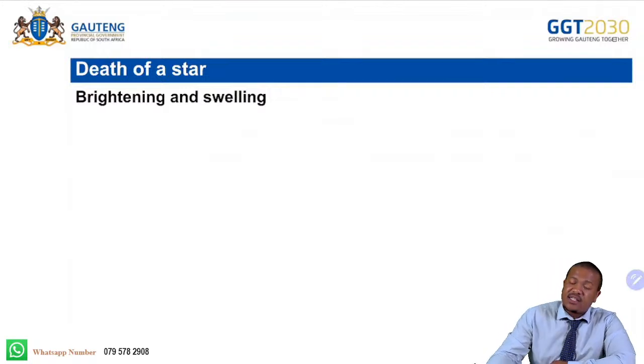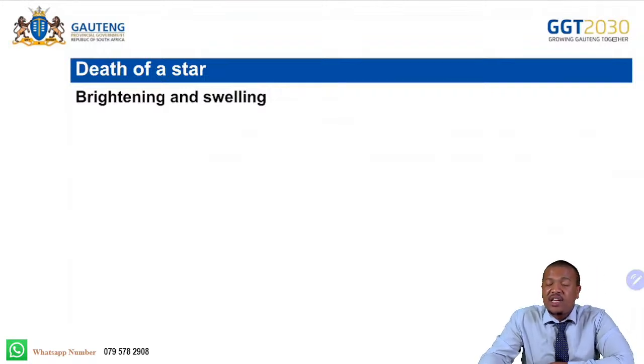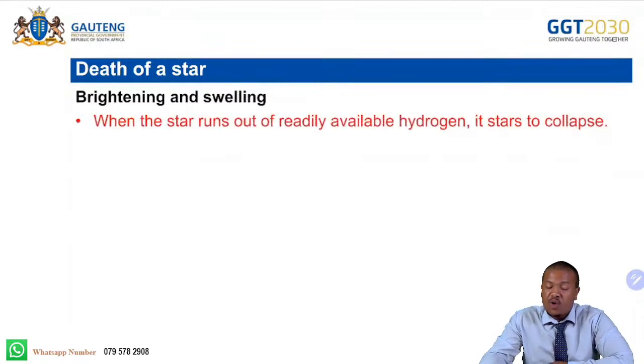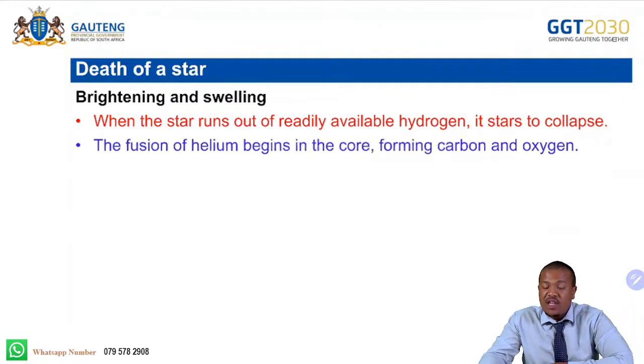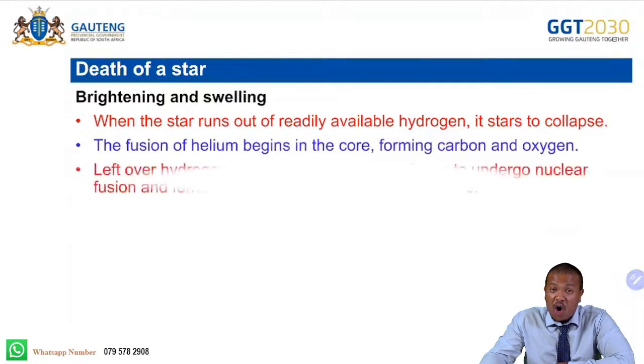Also, a star can die because of brightening and swelling. When the star runs out of readily available hydrogen, it starts to collapse. Then the fusion of helium begins in the core, forming carbon and oxygen.